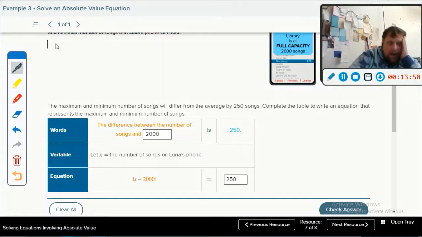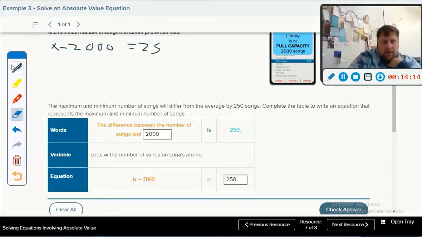So if I have the absolute value of x minus 2,000 should equal 250, then let's go ahead and take away the absolute value right there. I meant to do that because not only should it equal 250, but we can have that x minus 2,000, because remember it's give or take, can equal negative 250.